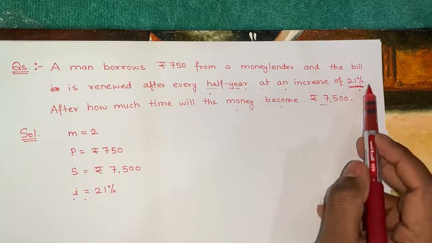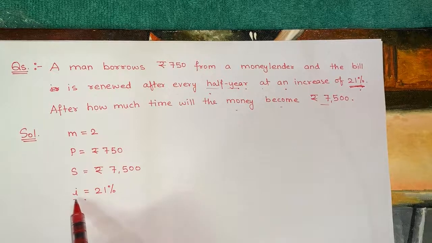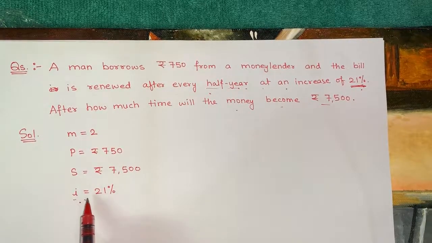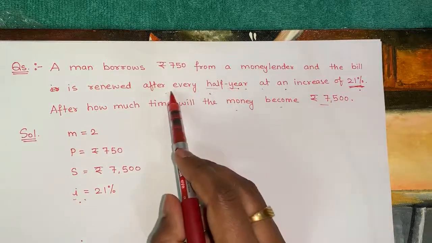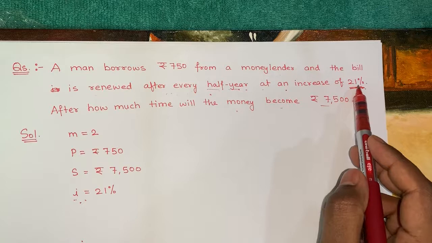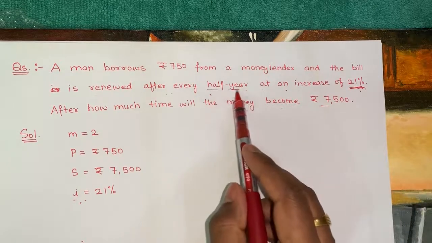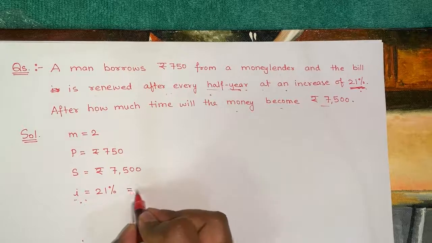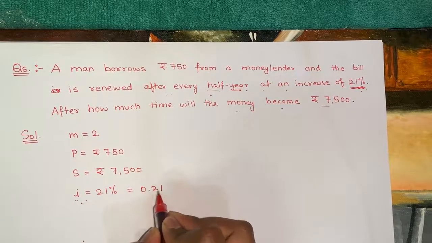If it would have been given 21% per annum, then we would have taken it as R and then we would have divided it by M to compute I. But since it is said that after every half year there is an increase of 21%, which means that 21% is the half year rate of interest. Hence our I is equal to 21%, which is 0.21.